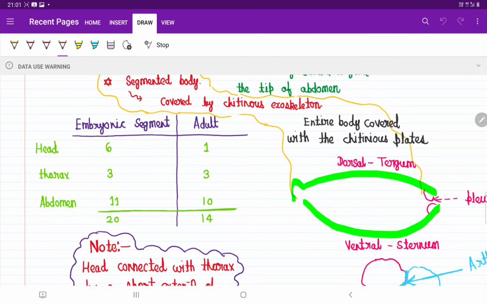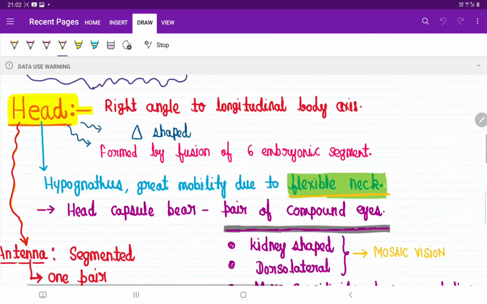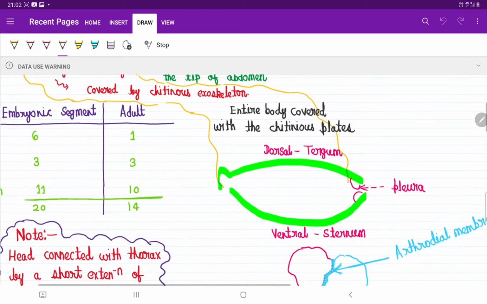Their body is generally divided into 3 parts: head, thorax, and abdomen. But when scientists studied, they observed that the head is formed by fusion of 6 embryonic segments, and then the thorax has 3 segments: prothorax, mesothorax, and metathorax.